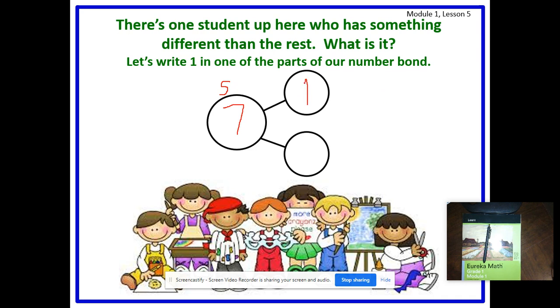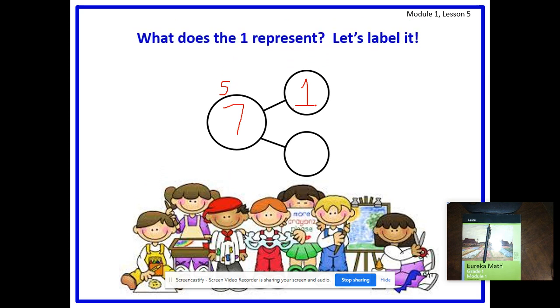Remember, you're just listening. You should be sitting tall with quiet hands. What does the 1 represent? Get ready. Yes, the student with long hair, right? So let's label it.